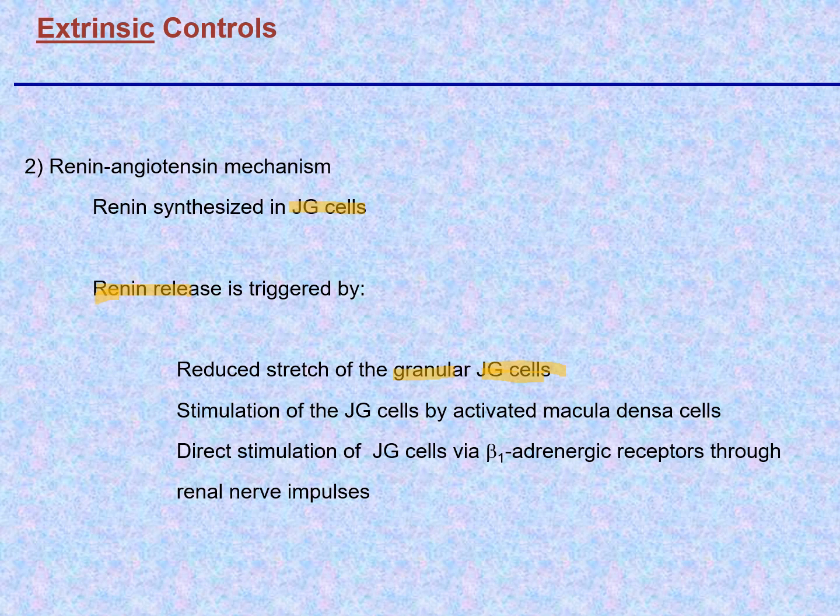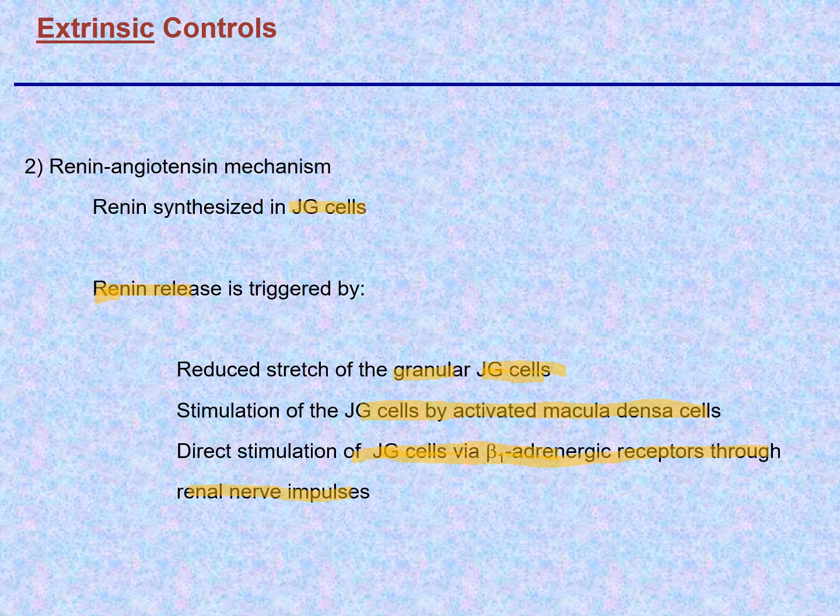Renin release is also stimulated by activation signals from the macula densa cells that are in the wall of the distal convoluted tubule near the glomerulus. Also, and this is what I mentioned earlier about sympathetic stimulation, the sympathetic nervous system can directly stimulate renin release from juxtaglomerular cells.